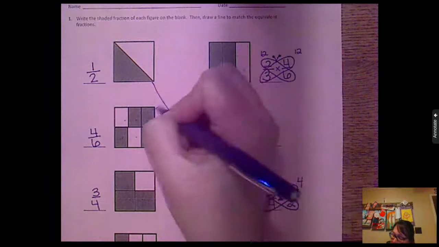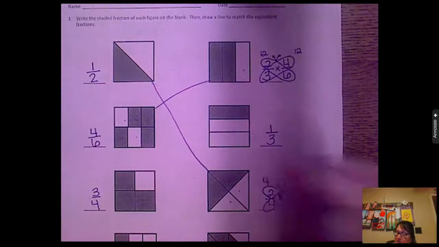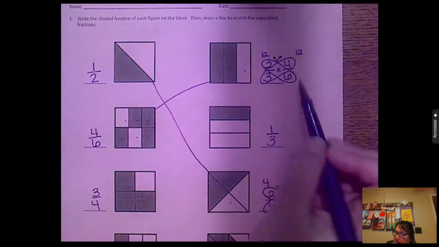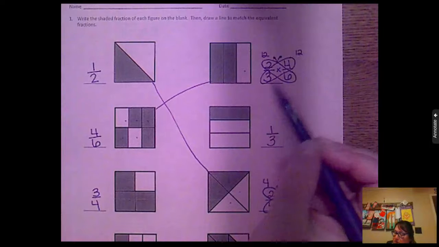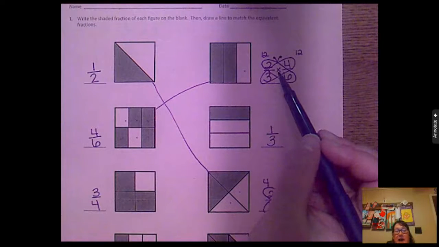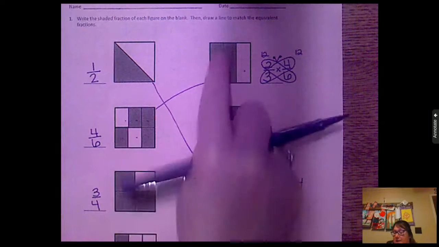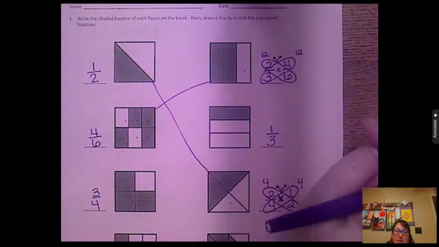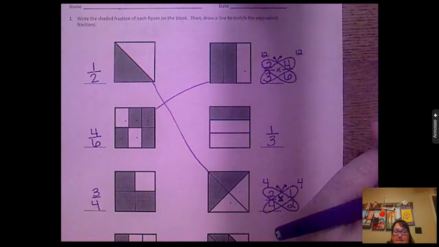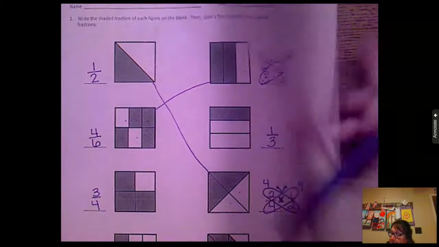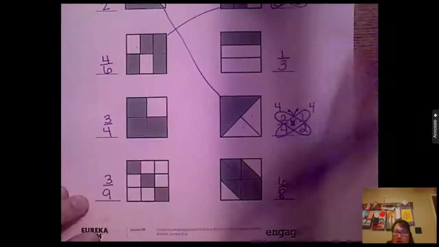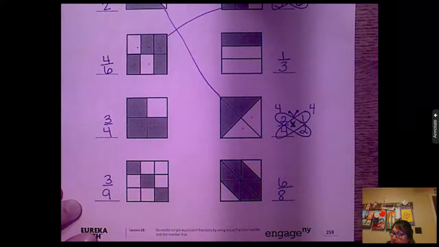So I can go ahead and connect. So I know that 4/6 and 2/3 are equivalent. Okay. And plus I can see that too if I was to think about moving this piece there. And then I can see that it would technically be very equivalent because they're taking up the same amount of space. Alrighty.